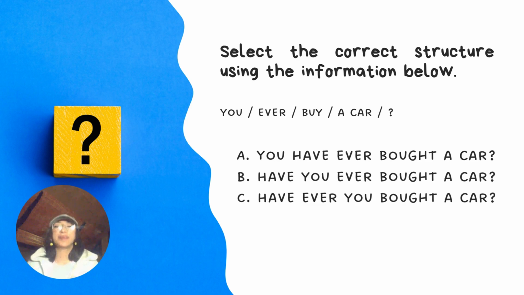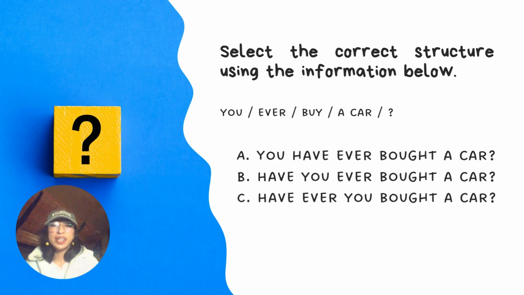Yeah, that's excellent. Have you ever bought a car? That's correct because we have in the first instance the subject, ever, then the verb. When we have an adverb such as ever, we put it not next to have, we put it next to the verb if it is a question.